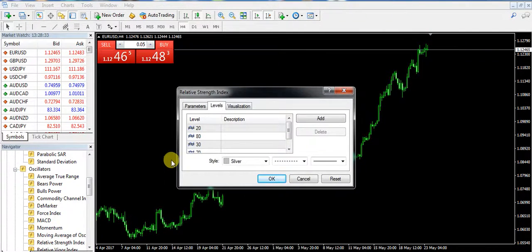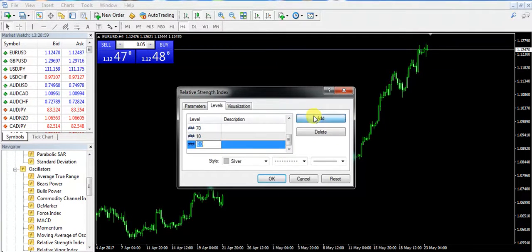We can see that it gives us preset levels of 20, 80, 30 and 70. We keep it like that, no problem with it whatsoever. You can add, by the way, for example, a 10%, just hit enter and there it is.